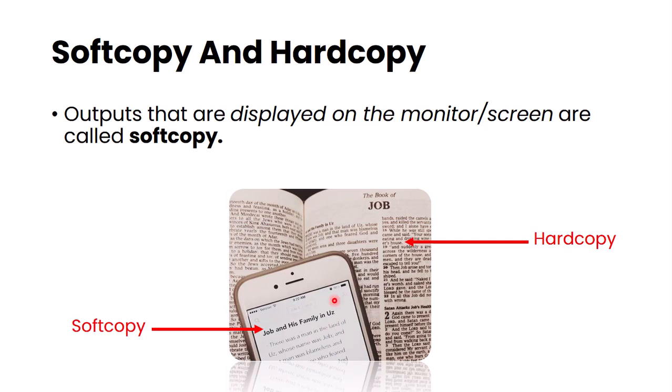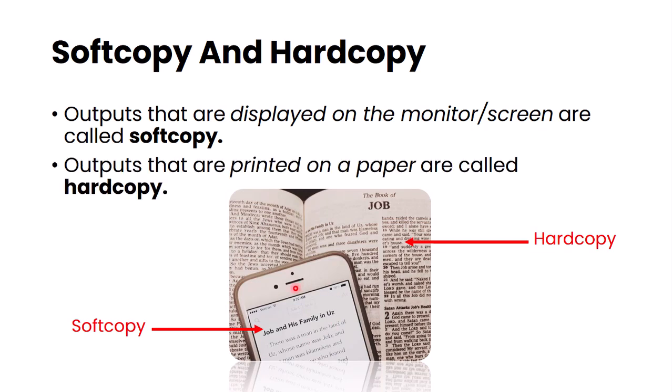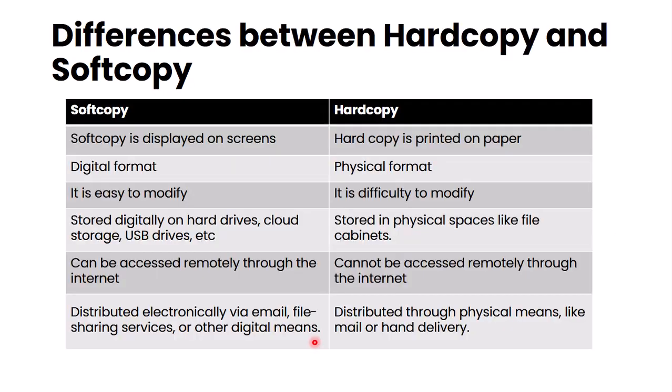And if they are printed on paper, then that version is called a hard copy. So hard copy means printed on paper, soft copy means it is displayed on the monitor.